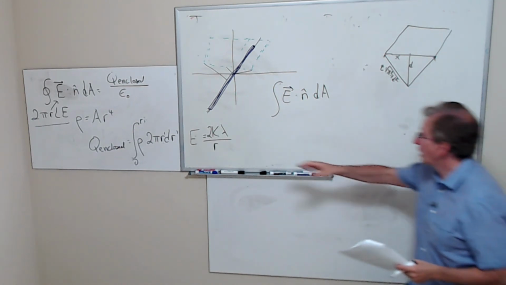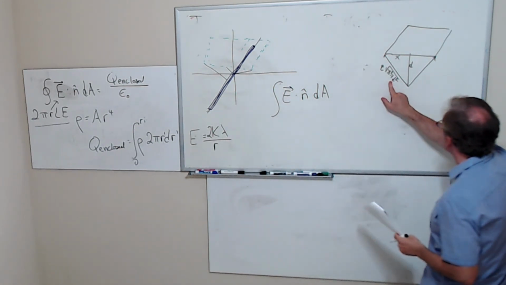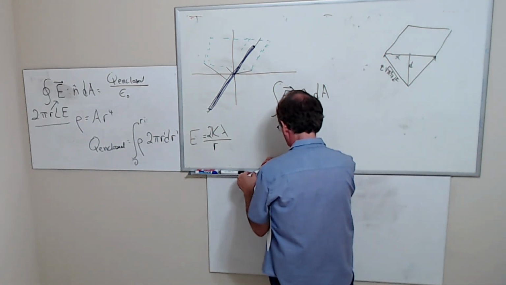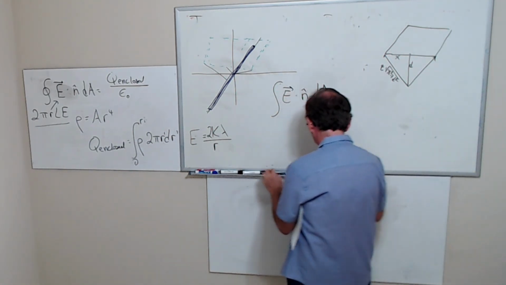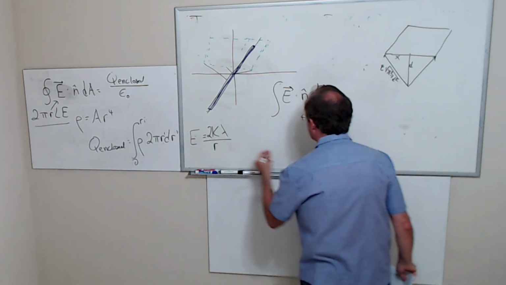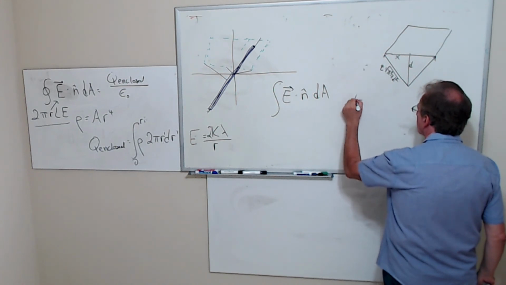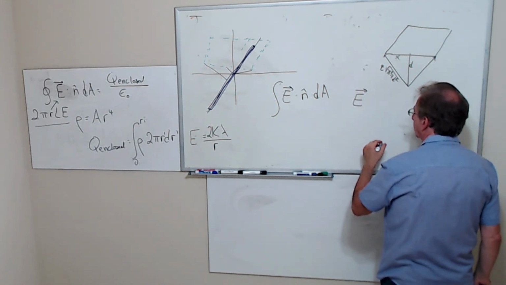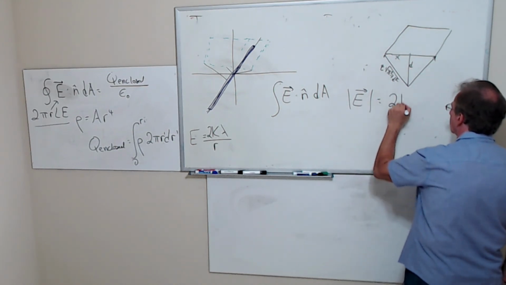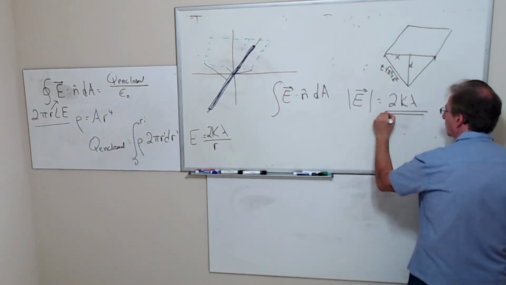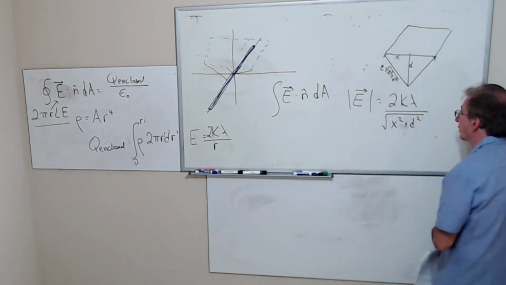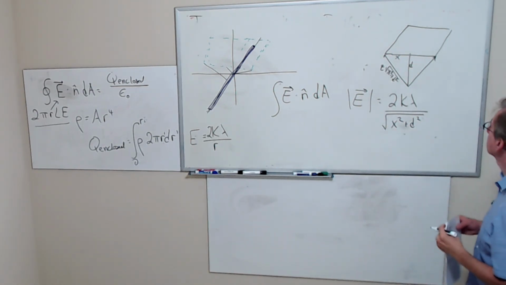Okay. So this r then is going to be the square root of x squared plus d squared, because r is the distance from the rod to the plane. So E, the magnitude, is going to be this. I can write it that way, okay?